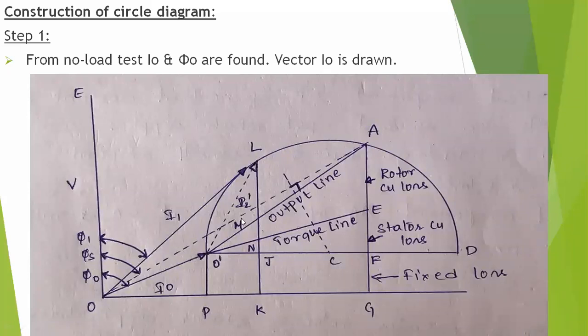For example, take the vertical component O dash P of the no load current.